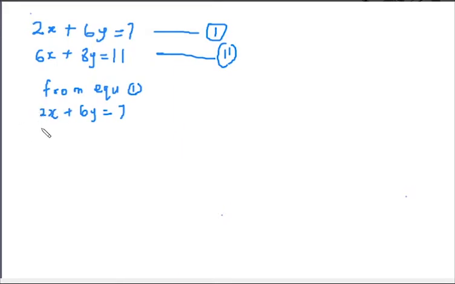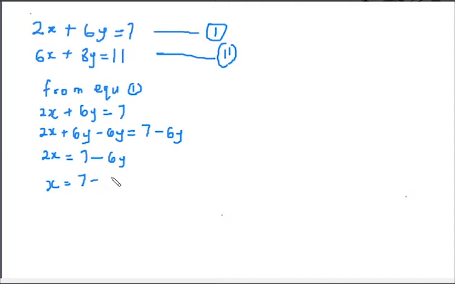Subtracting 6y from both sides, we have 2x plus 6y minus 6y equals 7 minus 6y. Then we have 2x equals 7 minus 6y. Dividing both sides by 2, we have x equals (7 minus 6y) over 2. Let's call this equation 3.